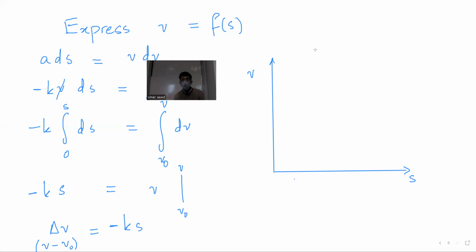So my intuitive feeling is that when you have S equal to 0, V0 is given, the piston starts the journey. So your S is equal to 0, right? So your V will be equal to V0.